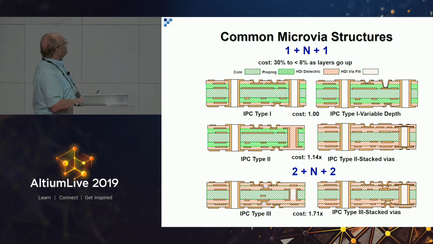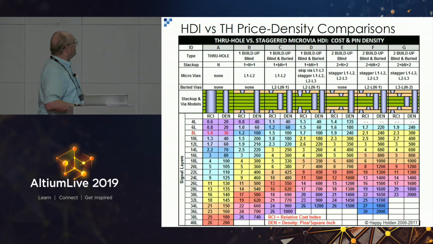And so the IPC convention is this 1 plus n plus 1, where the numbers are how many build-up layers on top, how many build-up layers on the bottom, and 1 plus n, 2 plus n, on and on. So the problem we ended up with was that people wanted to know, well, how much is this HDI going to cost if I have to use 2 build-up or 3 build-up?